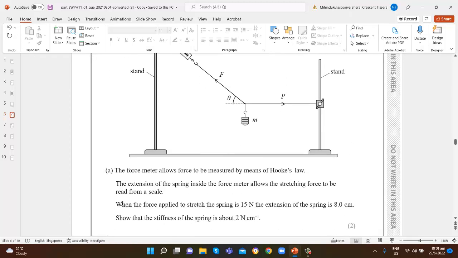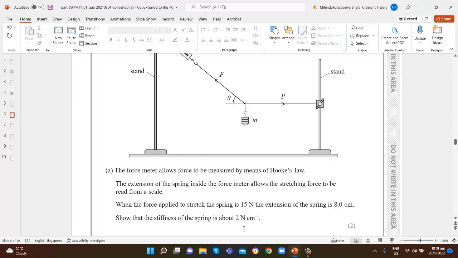The force meter allows force to be measured by means of Hooke's law. The extension of the spring inside the force meter allows the stretching force to be read from a scale. When the force applied to stretch the spring is 15 Newton, the extension of the spring is 8 centimeter. Show that the stiffness of the spring is about 2 Newton per centimeter.